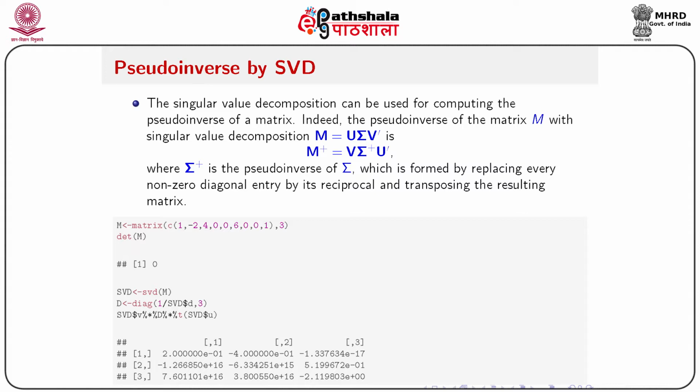To get the pseudo inverse, we will first use the singular value decomposition function, because you need U, V and sigma. So let D be the diagonal of SDV dollar D, a 3 by 3 matrix, where SDV dollar V is multiplied by D and then multiplied by the transpose of SDV dollar U, and that will give you the pseudo inverse of the M matrix.